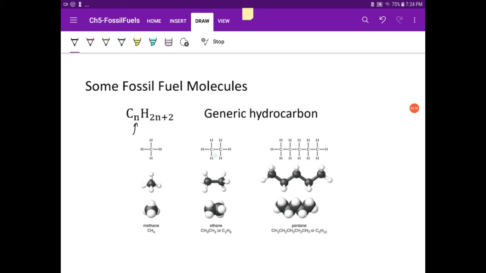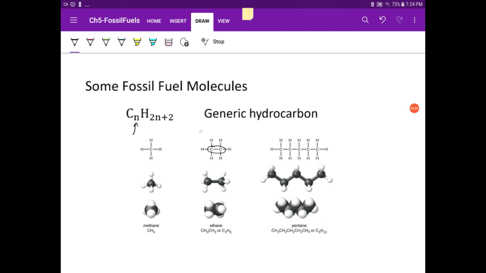And so when we go to something like ethane, we have the 2 carbon. Each carbon will have 4 things attached to it, but one of the things is a carbon. And so we have this carbon-carbon bond here. That leaves 3 other places for hydrogen to bond to each carbon. So you have C2H6, which follows this formula.